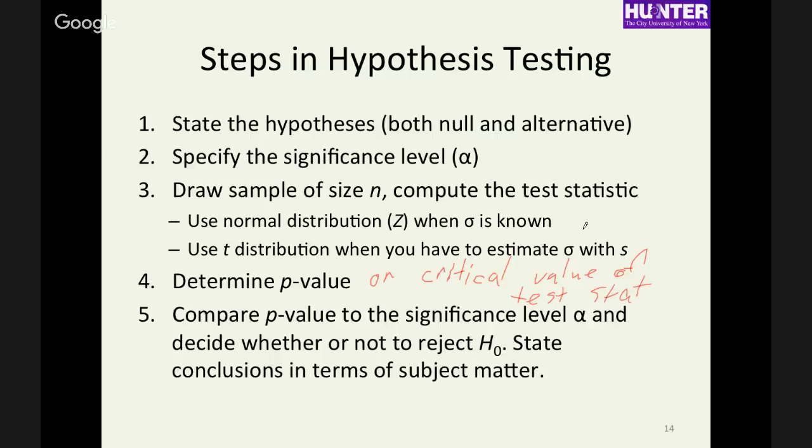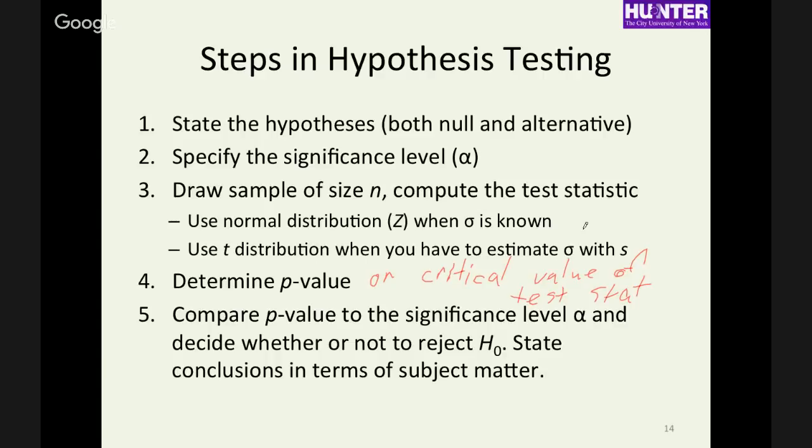When you're using software, you're just going to compute a p-value. But sometimes it's interesting to use a table, and we've done some examples using the tables. And if it's a table of t-values, you're probably not going to be able to calculate an exact p-value, but you can calculate your critical value of the test statistic.